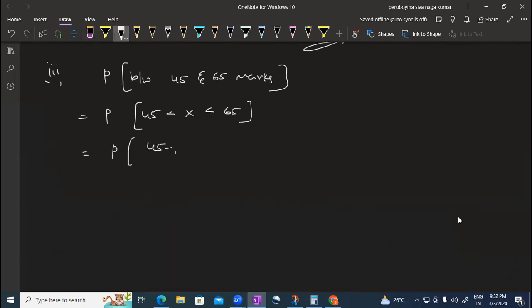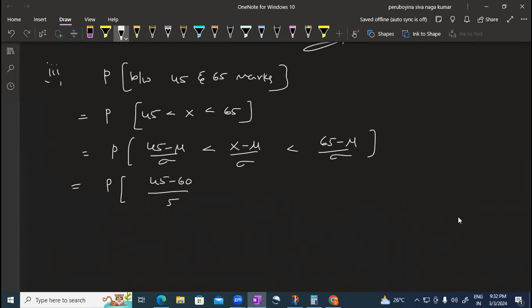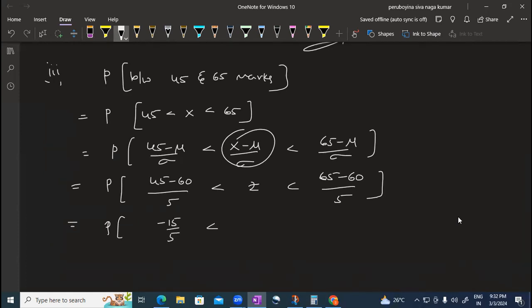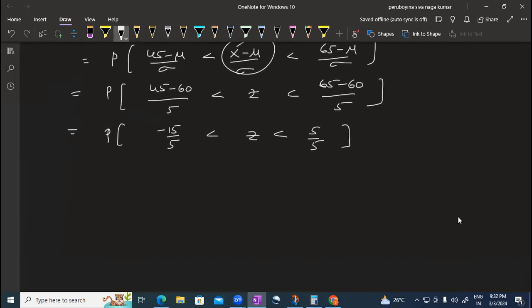So we will do (45 minus mu) by sigma less than, in the place of X, also do the same, X minus mu by sigma, less than (65 minus mu) by sigma. So 45 minus 60, with sigma value 5, and this part is Z, 65 minus 60 by 5. This is the probability of minus 15 by 5 less than Z less than 5 by 5. This value is P of minus 3 less than Z less than 1.